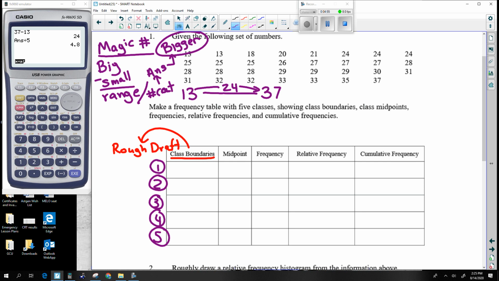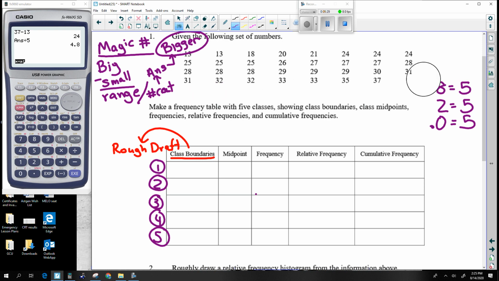So here I have 4.8, and then I make it bigger, and I'm looking at the number 5. Even if it's a small number like 4.2, that becomes the number 5. Even if it's a perfect 4, it becomes the number 5. Always make it bigger.